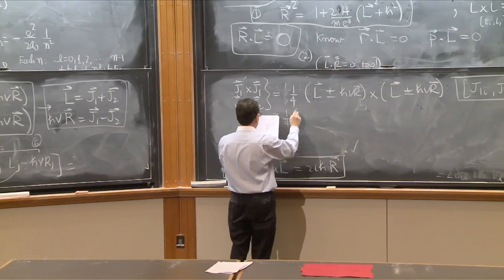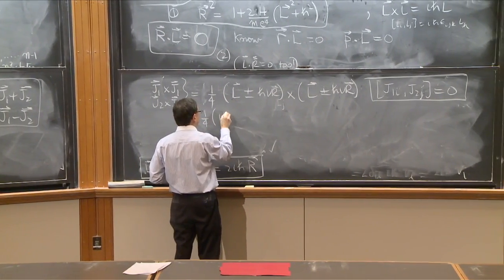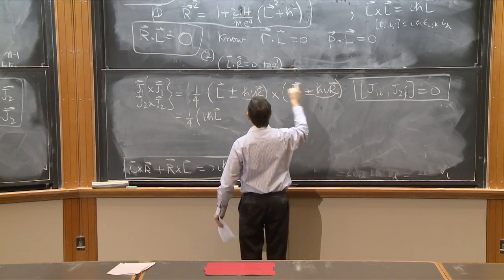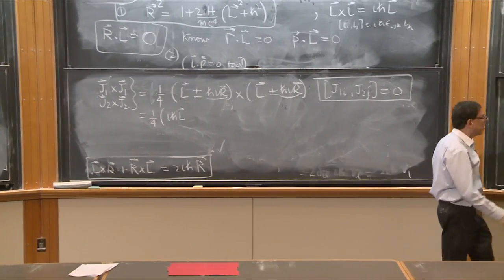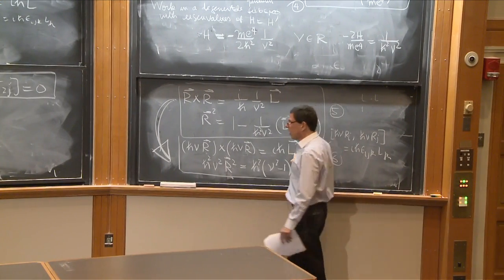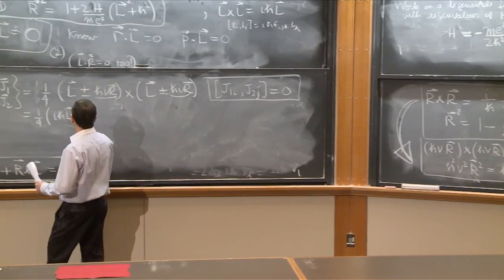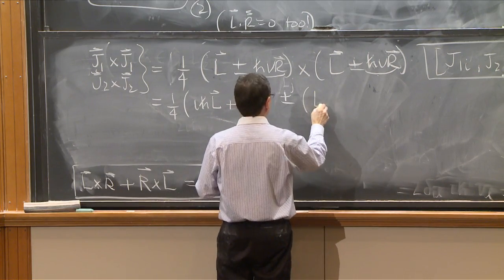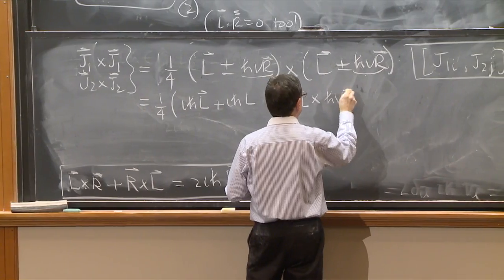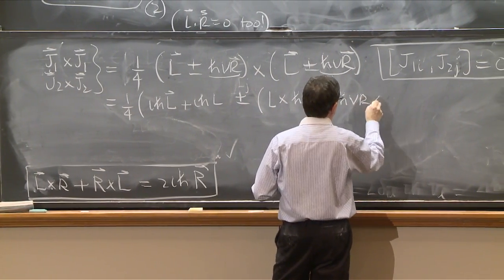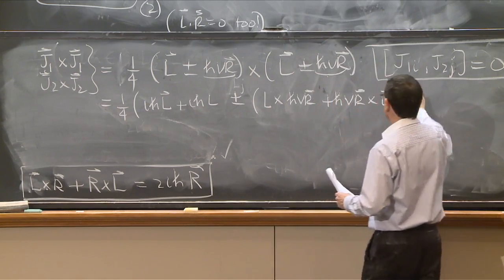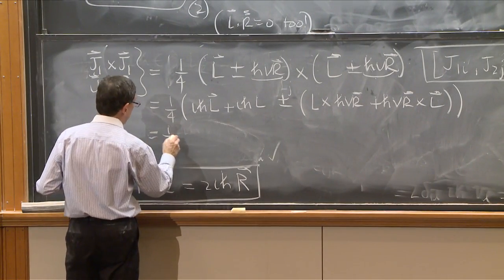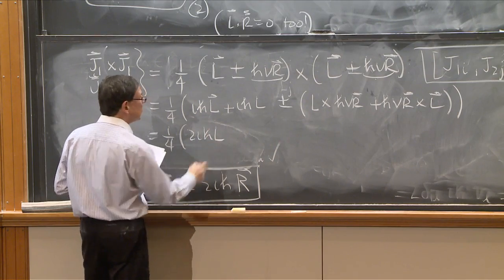So indeed, 1 over 4, L cross L gives you an i H bar L. From these ones, you get plus minus with plus minus is always plus, but you get another i H bar L. And then you get plus minus L cross H nu R plus H nu R cross L. So here, you get 1/4 of 2 i H bar L.